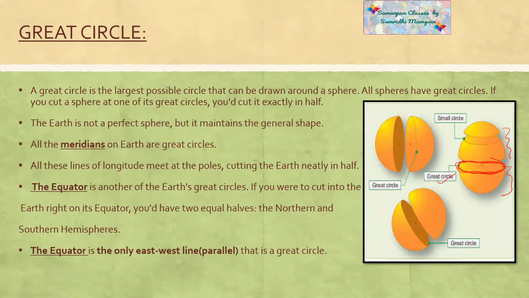So a great circle is basically what you get when you cut any sphere into 2 equal halves. At the equator, it divides the earth into two halves. So if you cut the earth at the equator, you will get the great circle.